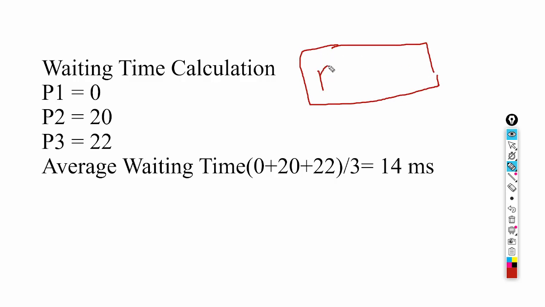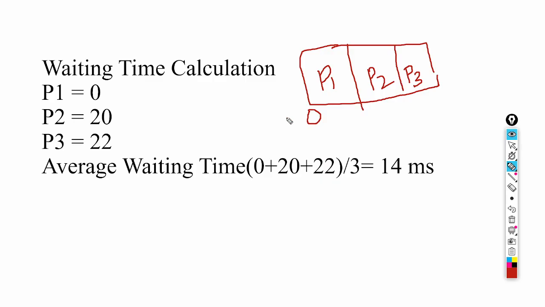How many processes are there? P1, P2, and P3. What is the waiting time for P1? There is no waiting time. It is 0. It goes directly to the CPU.